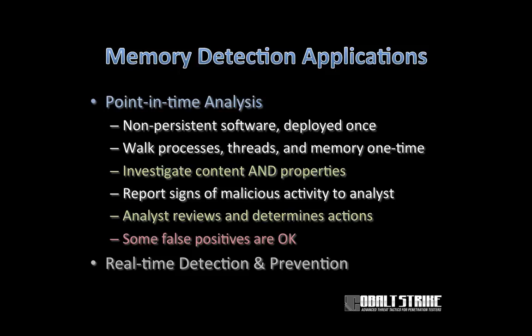Sometimes the factors we just spoke about are each used in isolation to determine what to report. The information is fed back to an analyst who reviews this information and determines which actions to take. Here, it's okay to use a heuristic by itself as a filter of what to report or not, because an analyst can do cross-correlation of these reported activities on their own. So that's point-in-time analysis.